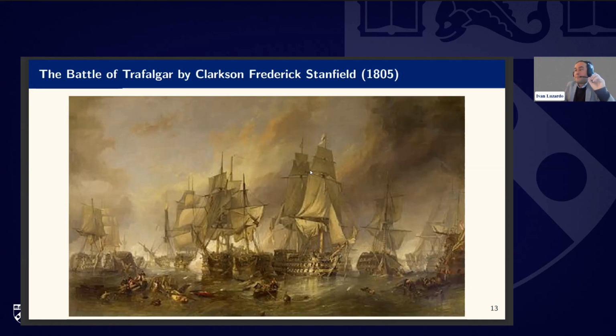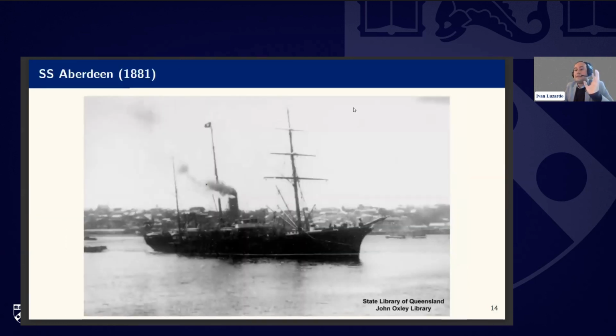If we contrast that, I mean, the Battle of Trafalgar is from 1805. If we contrast that with the late 19th century, we see the development of steam navigation. So in just a matter of 80 years, we see how transportation evolved and how steam navigation consolidated.